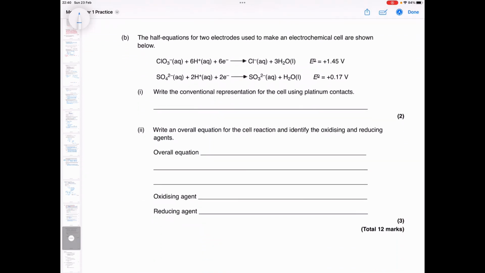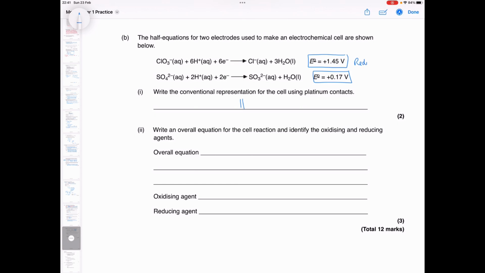Part B then. The half equations for 2 electrodes used to make an electrochemical cell are shown. Write the conventional representation for the cell using platinum contacts. So if we have a look at these 2 cells, then the reduction, which is going to go on the right hand side, is the more positive, and the oxidation is the more negative of the 2.